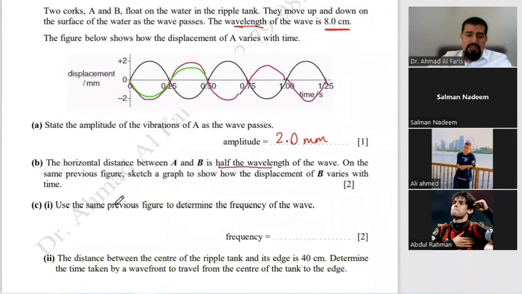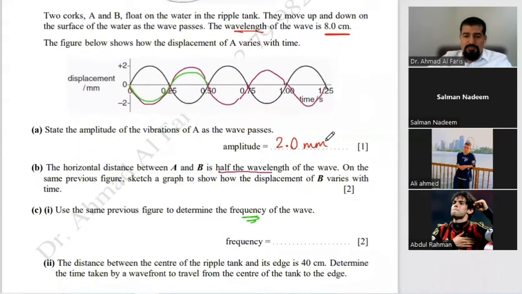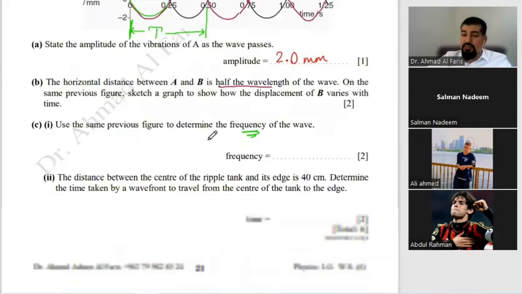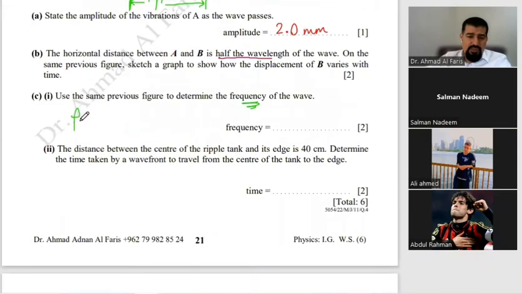Part C: use the same previous figure to determine the frequency. How can we find the frequency? Bravo, Tina. We find the period, the time for one complete wave, which is 0.5 seconds. We know that period and frequency are inverses of each other.